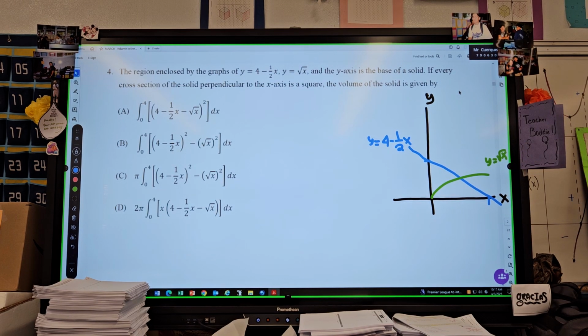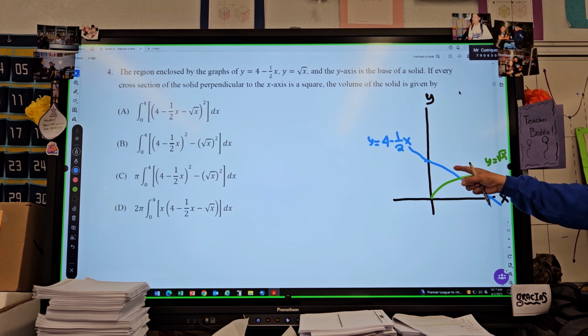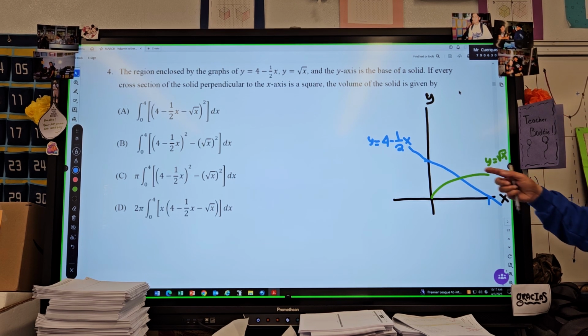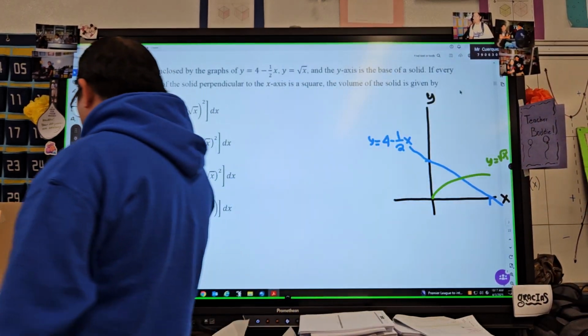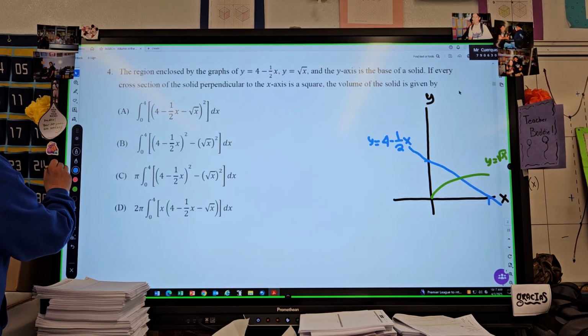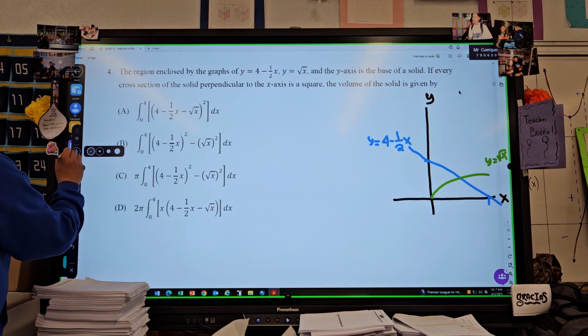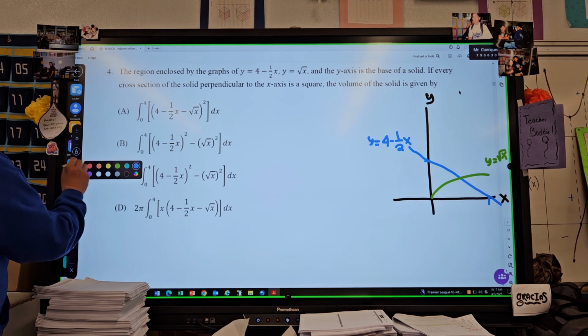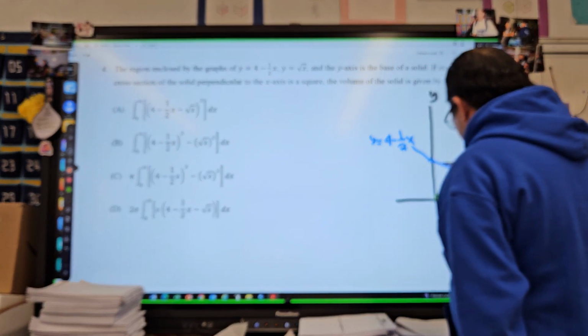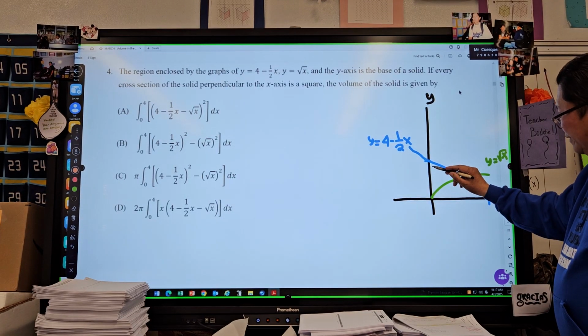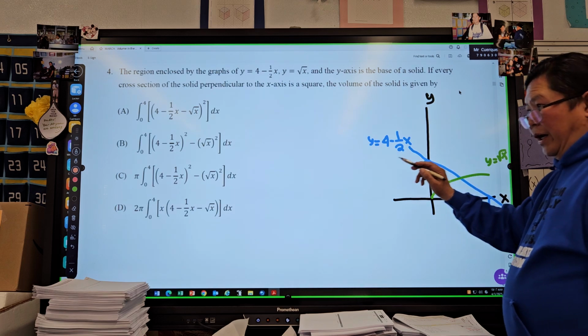Okay? So, what is the bounded region? The bounded region of these two curves is right here. So I'm gonna have another color for the bounded region. So the bounded region is this one. Okay?